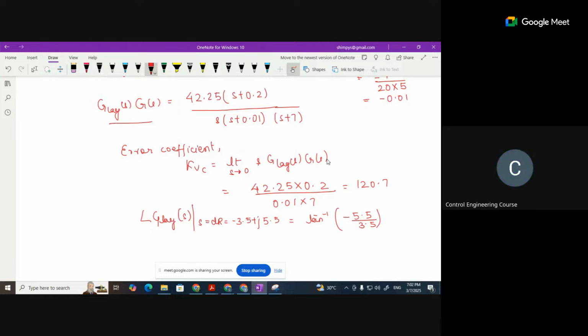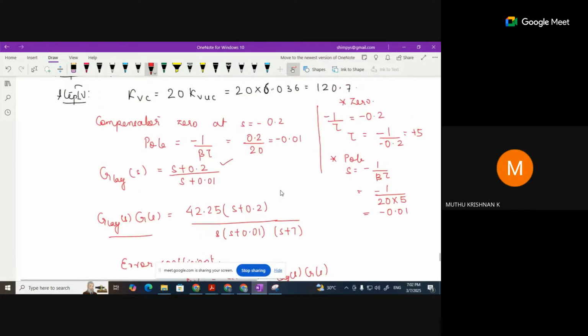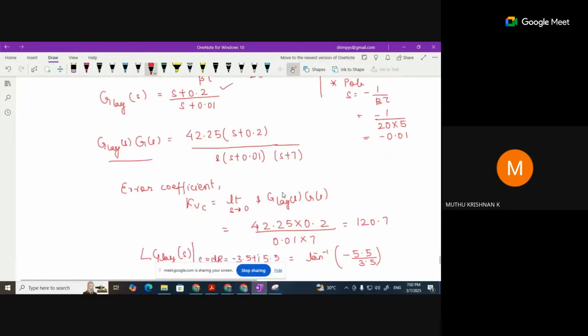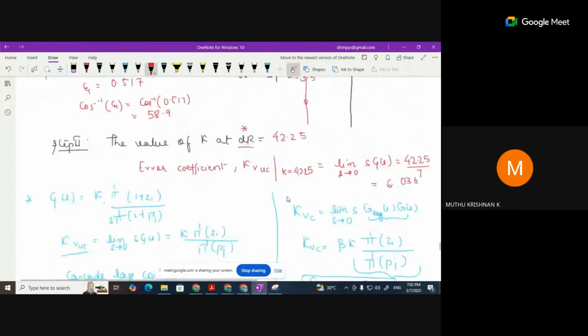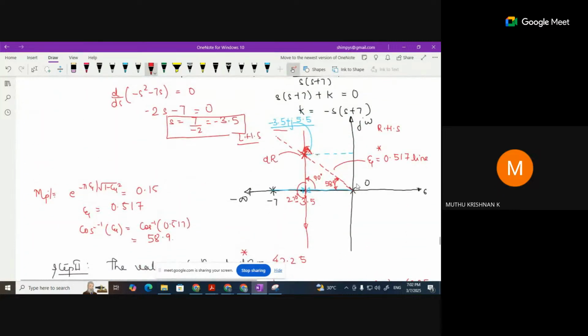Muthu, this angle is from the negative x-axis to here. This angle we found now, of 1 degree.